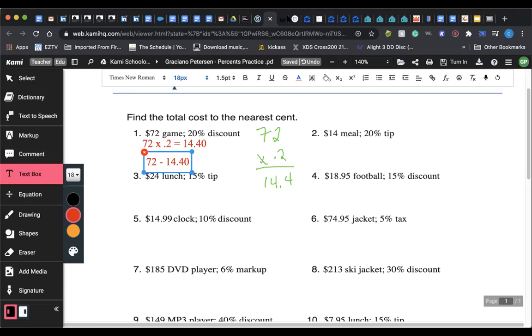Okay. So I'm going to go back over here. Let's draw that out. I'm going to take my $72 and subtract from it $14.40. Right.